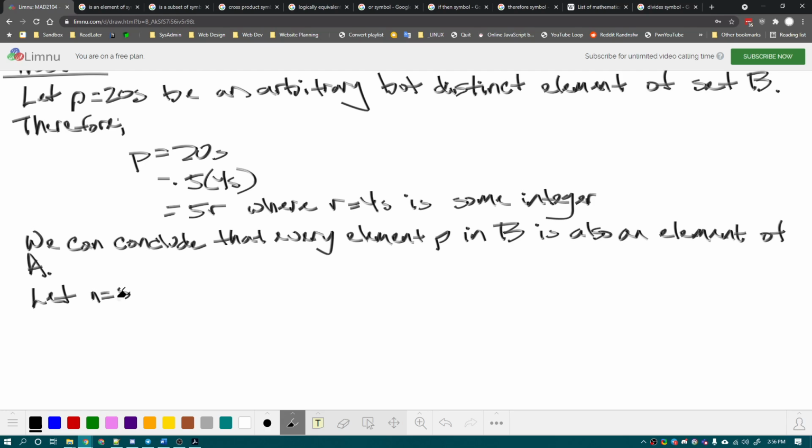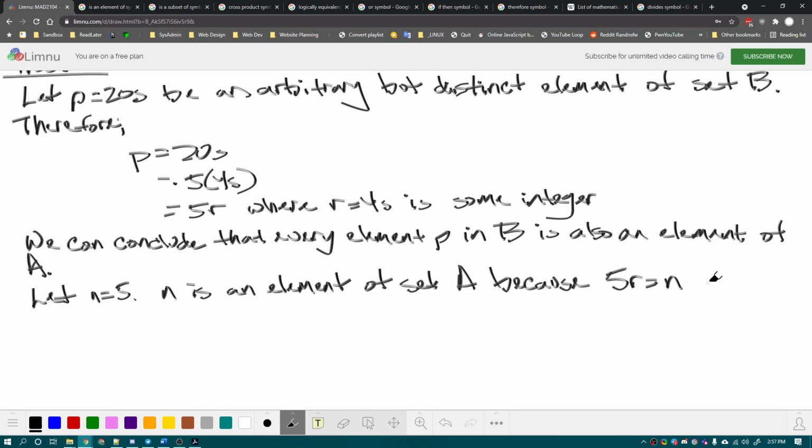Let n equal 5. n is an element of set A because 5r equals n has integer solution r equal 1.